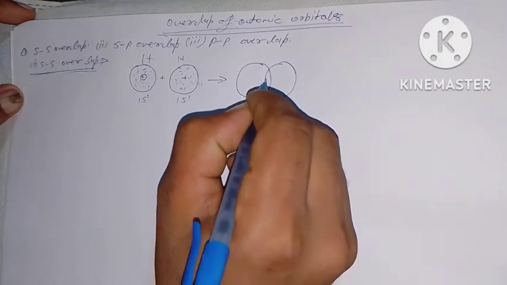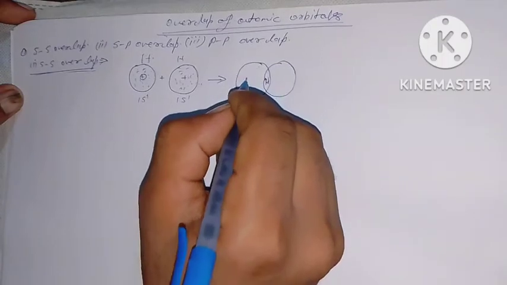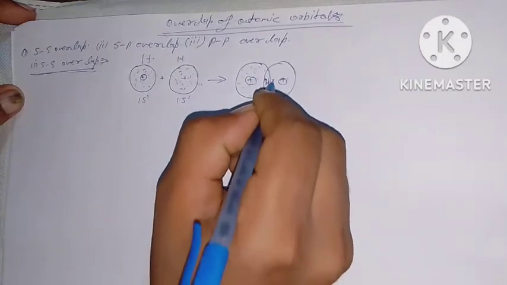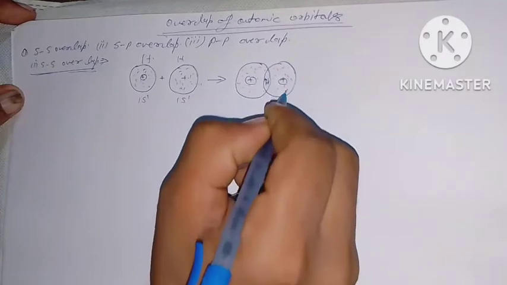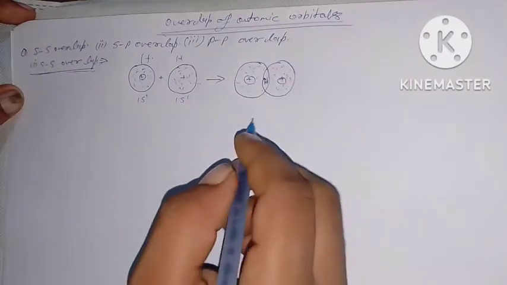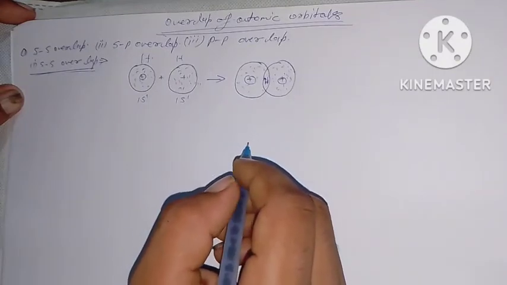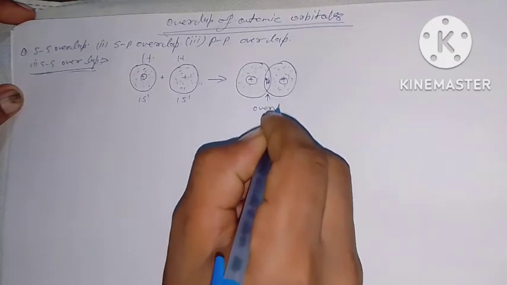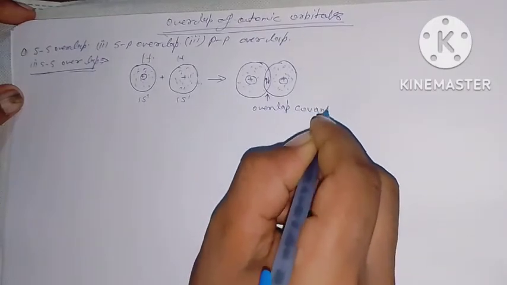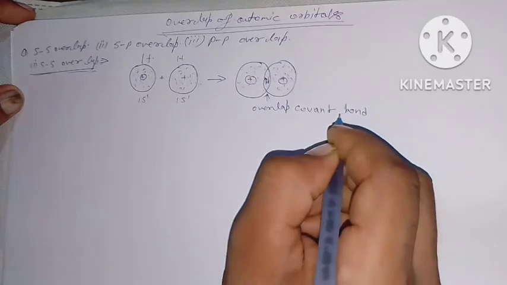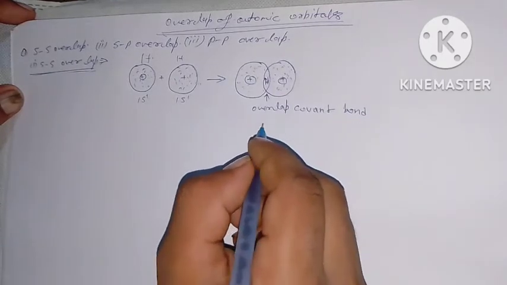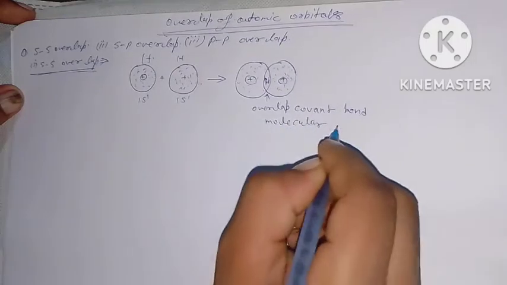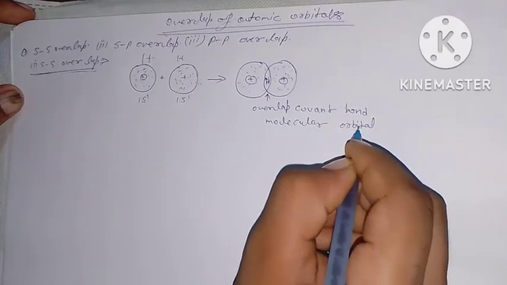This is the overlap covalent bond, the molecular orbital.